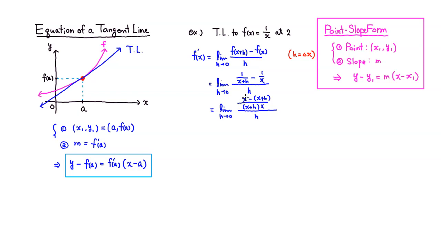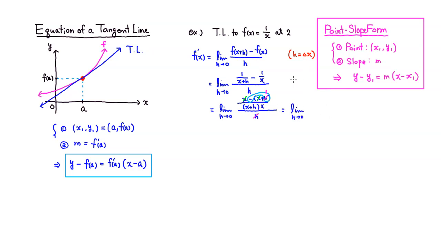The x minus x cancel out, and you have a negative h left over. But we are dividing by h, so you can cancel the h, and actually it's going to be negative 1 on top. So what you get is the limit as h approaches 0.